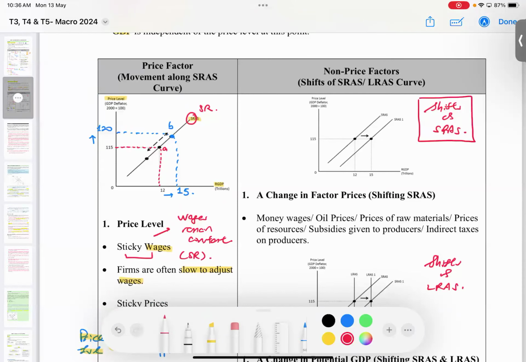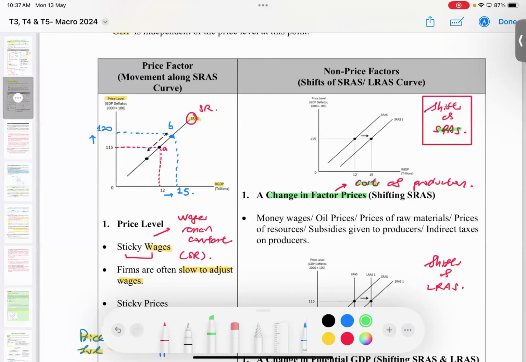What causes the shift of the short run aggregate supply curve? As long as it has something to do with a change in factor prices, which here means cost of production, it will shift the SAS curve.